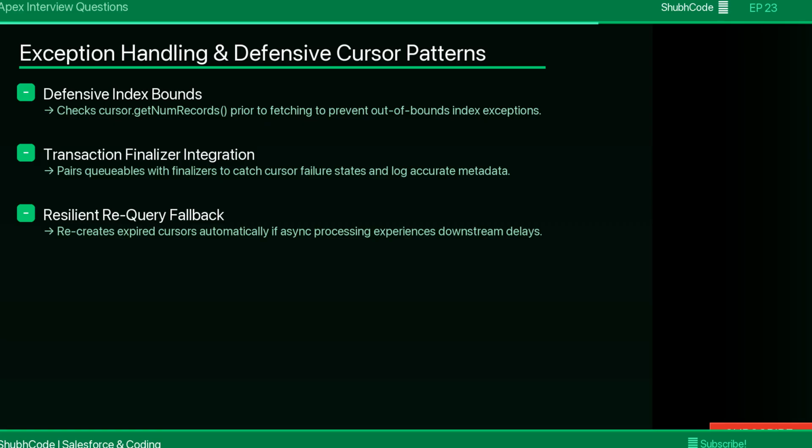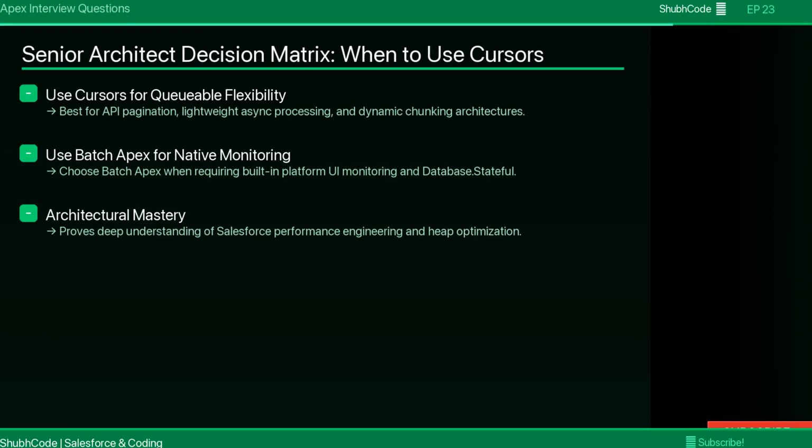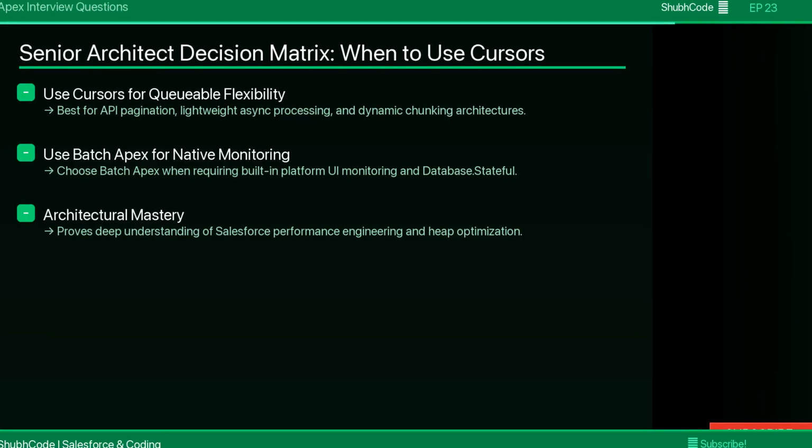You can verify remaining rows using Integer total = cursor.getNumberRecords() prior to fetching to avoid out-of-bounds index errors. For example, write if (offset < cursor.getNumberRecords()) { List<SObject> rows = cursor.fetch(offset, batchSize); } to guarantee safe execution across variable dataset sizes. To round out your interview answer, provide the interviewer with a clear architectural decision framework.